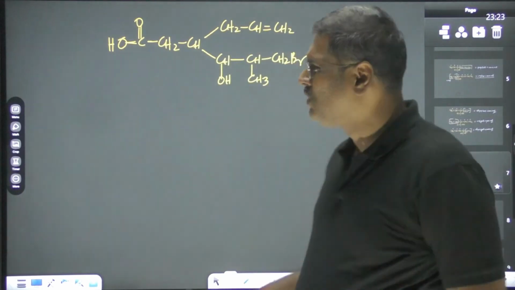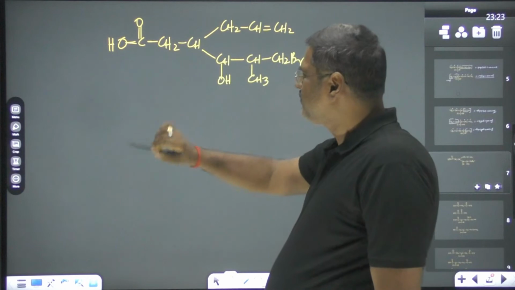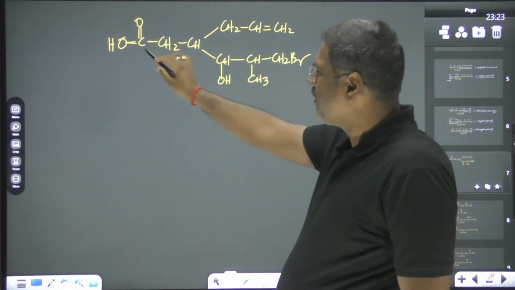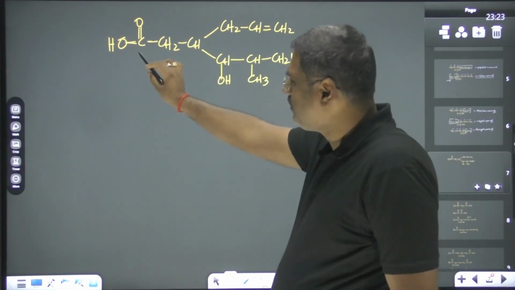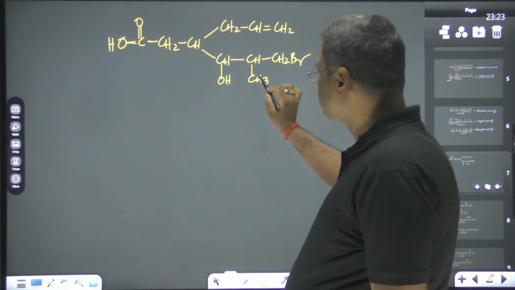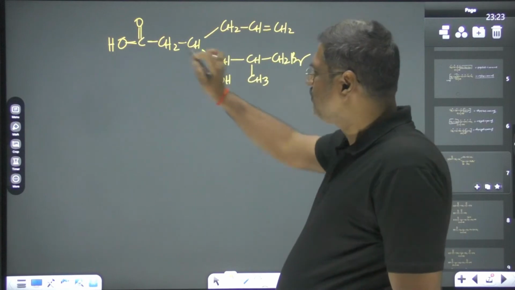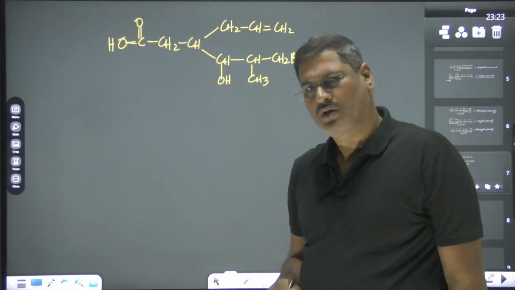No. You see this one? Here we have OH group. If you go this way, we have the double bond, and if you go this way, then you have OH group, one functional group, OH group, second functional group, CH3 is one substituent, Br is another substituent, 1, 2, 3, 4, and this one is the 5. 5 substituents are there.